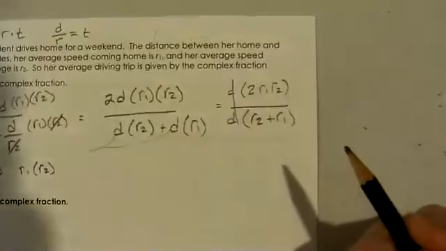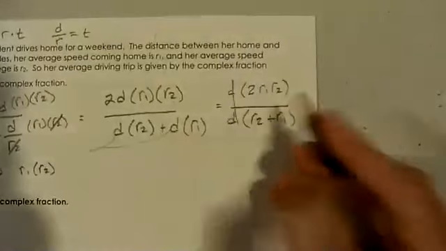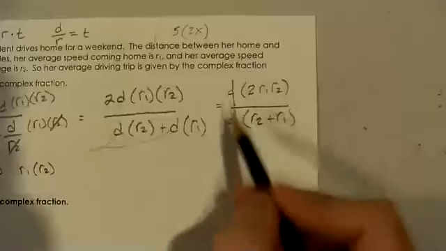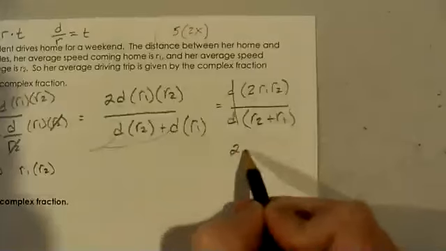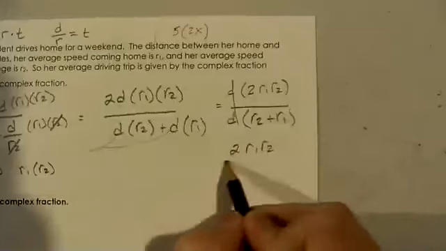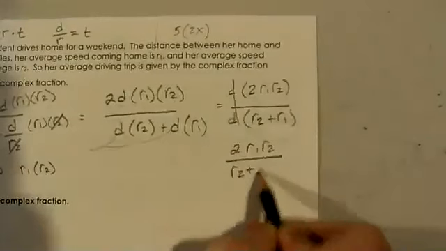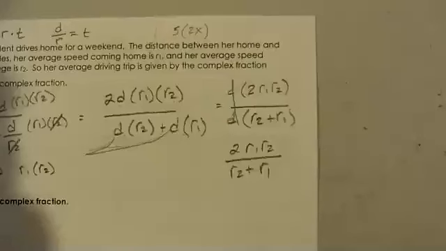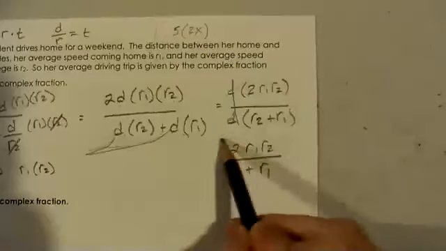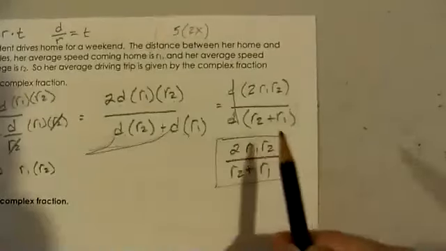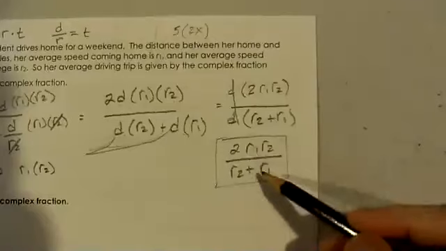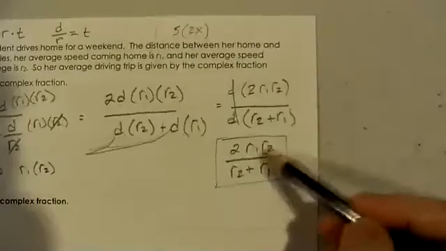So my D's can now cross out. So when we cross those off, we're left with 2 R1 R2 over R2 plus R1. All right, a little crazy, but there we are. Simplified it down. So if we knew our rate, at which our average speed was, we could calculate what the total time was.